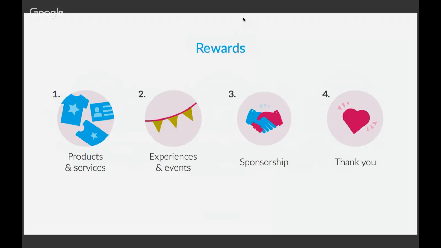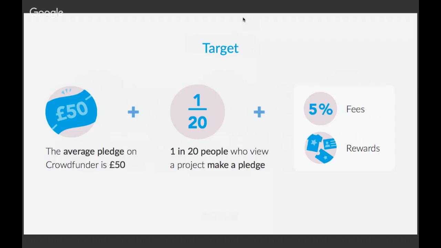So thinking now about your target. Setting a target is a little bit of a balance between what's realistic from your audience and what you actually need in order to make your project happen. There's a few things that you can note that will be really helpful when you're working out the sums, and I find it more useful to think about your target in terms of people more than money sometimes.